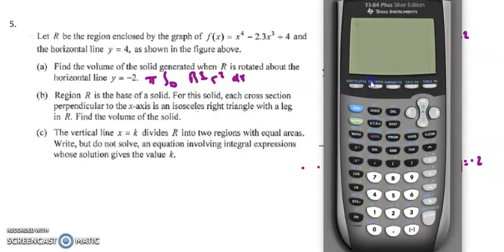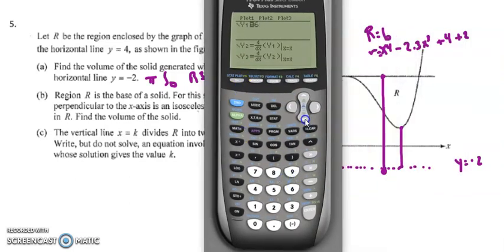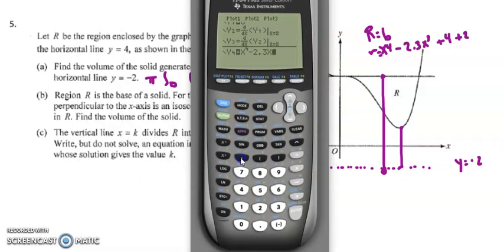So let's go to our graphing calculator, and in the y equals, we're going to first plug in big R. So big R is 6, and then under y sub 4, I will plug in x to the 4th minus 2.3 x cubed, and then down here plus 6.